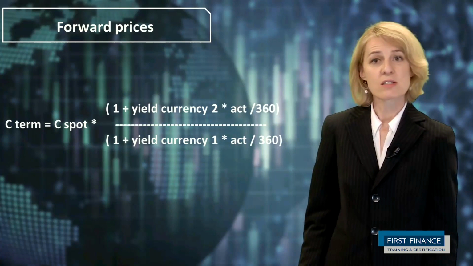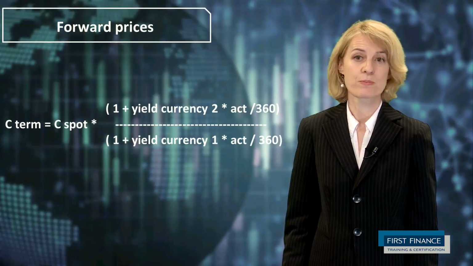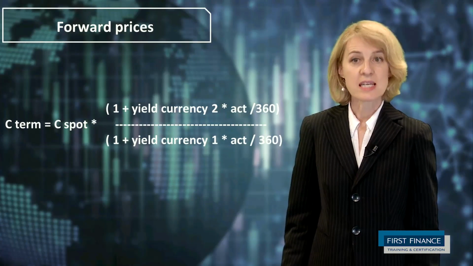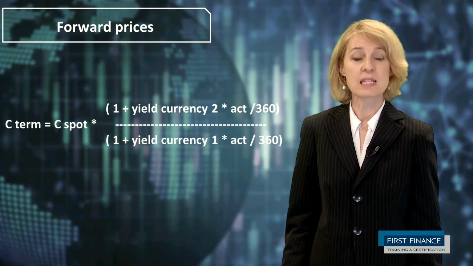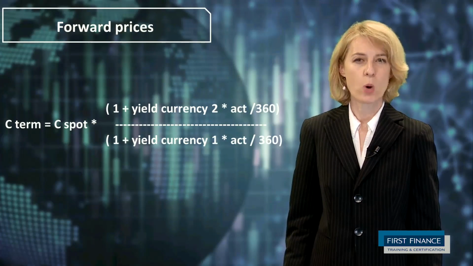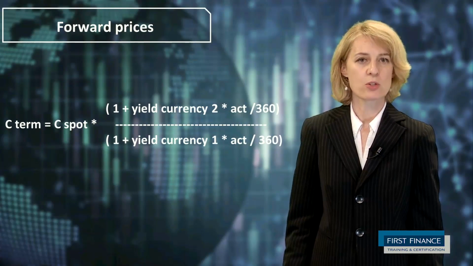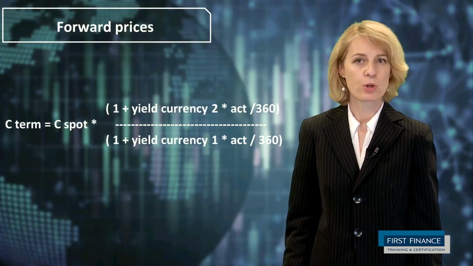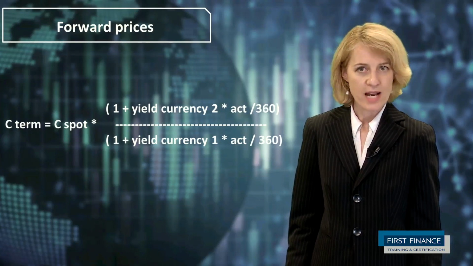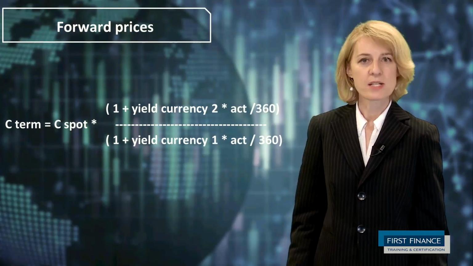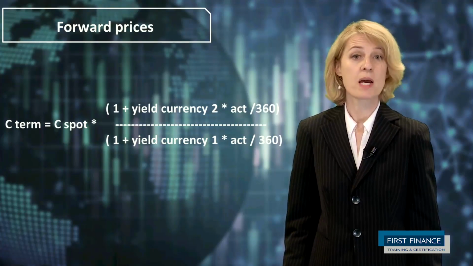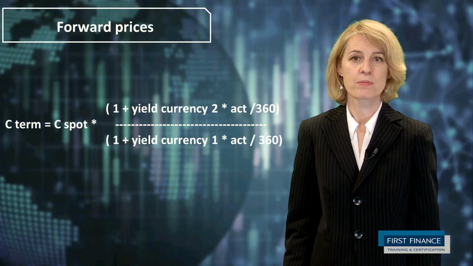These calculations can be summarized as follows. The C at term equals the C at spot multiplied by 1 plus the rate of currency 2 multiplied by actual over 360 divided by 1 plus the rate of currency 1 multiplied by actual over 360.